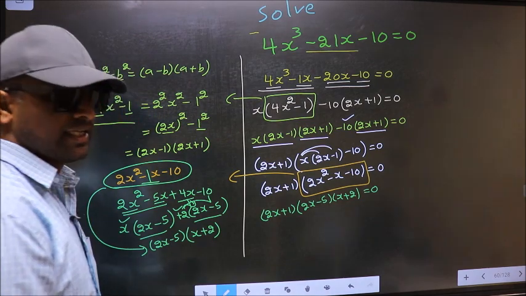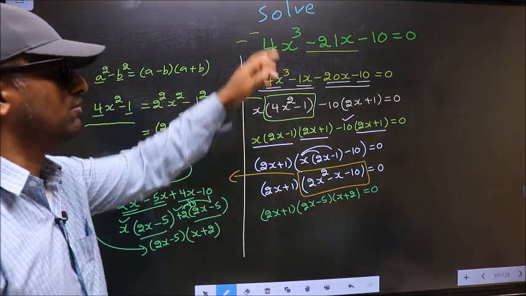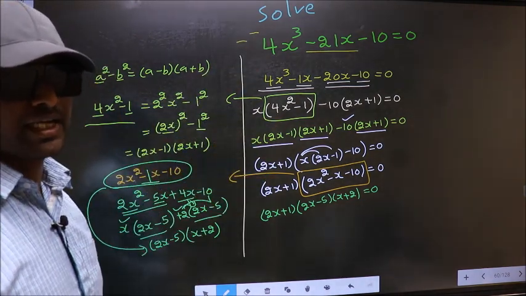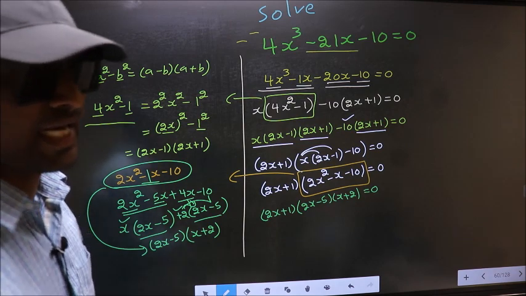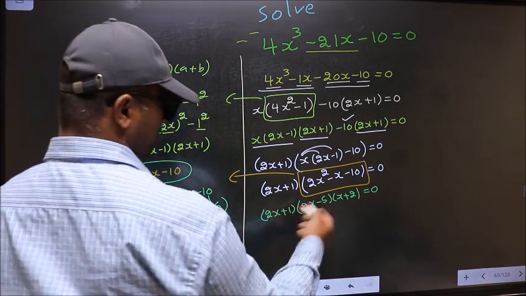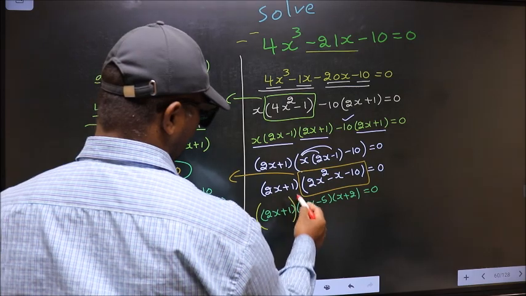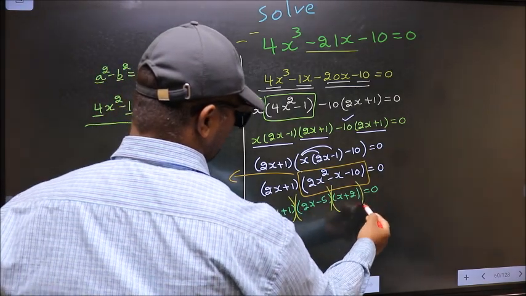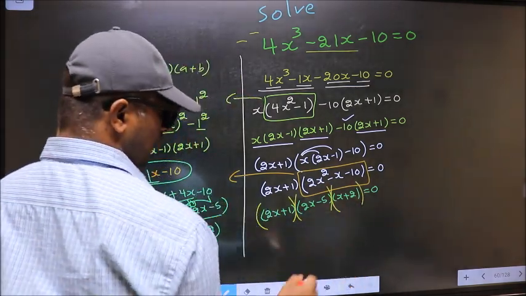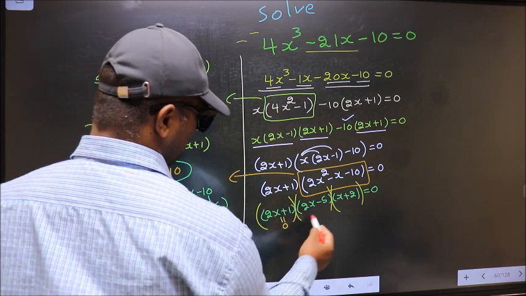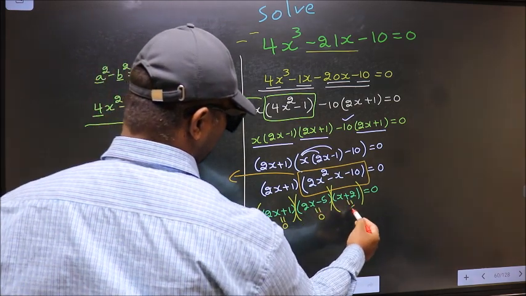Here they told us to solve, which means we should get the values of x, and over here we got product of brackets equal to 0. So to get x values, we should equate each bracket to 0.